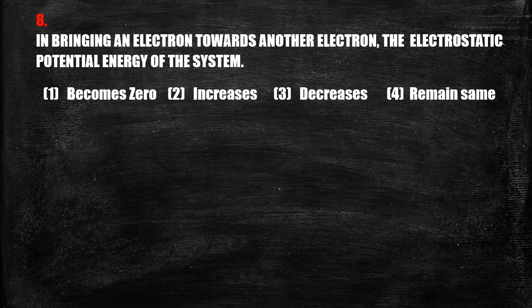Since these are of the same polarity, they are bound to face a repulsive force. Therefore, to bring this electron to the vicinity of the other electron, work has to be done to overcome the repulsion. This work done is stored as electrostatic potential energy of the two electron system.